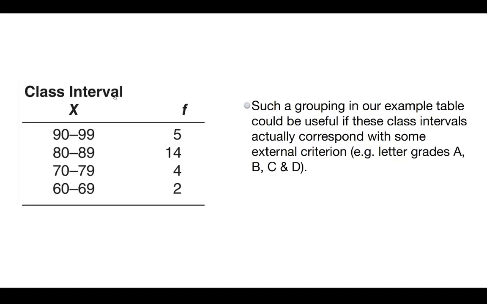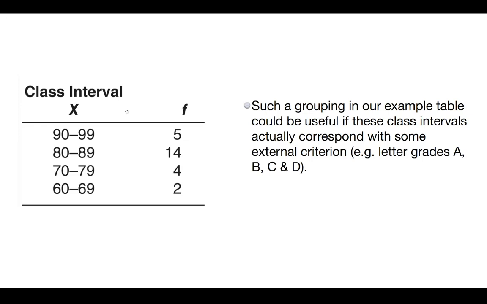Before one can create a grouped frequency distribution, one must first decide how wide to make the class intervals. This is an important decision. If one makes the interval too large, there will be too few intervals to give you much detail about the distribution. For instance, in this particular example table, which is an example of a grouped frequency distribution, what interval width do we have?